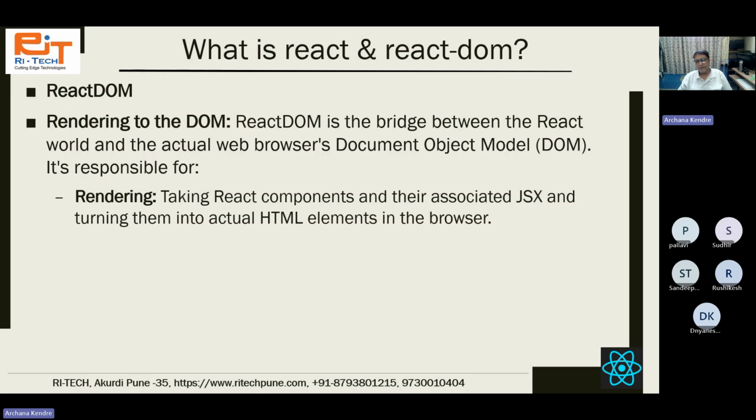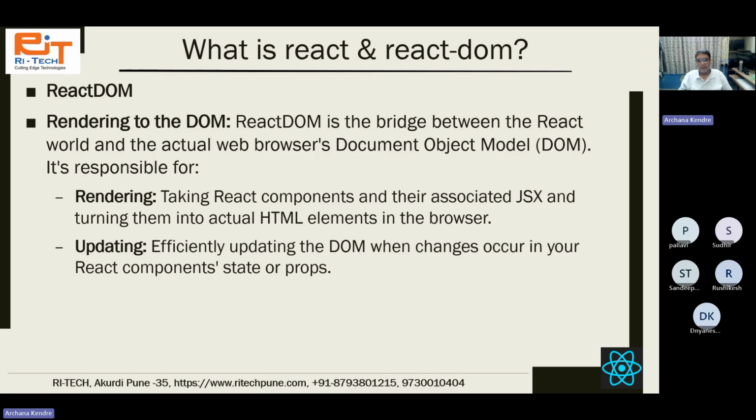Taking the React components and their associated JSX and turning them into actual HTML elements in the browser. React DOM will pick up the React component JSX and associated HTML, convert it into HTML and load it into the browser.